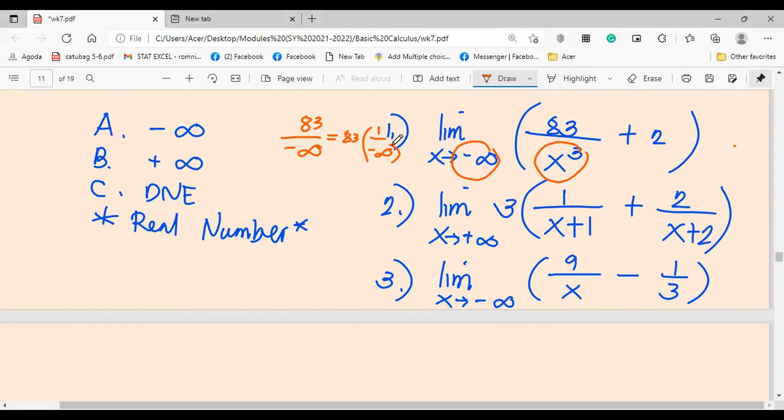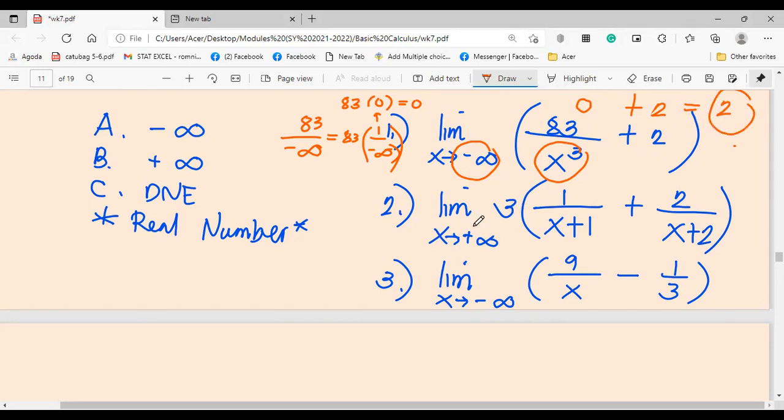At ano ang sabi natin doon? This will become simply 0. Because 1 over negative infinity is 0. So 0 multiplied to 83 is actually 0. So 0 added to 2 is 2. The answer for number 1 is 2.